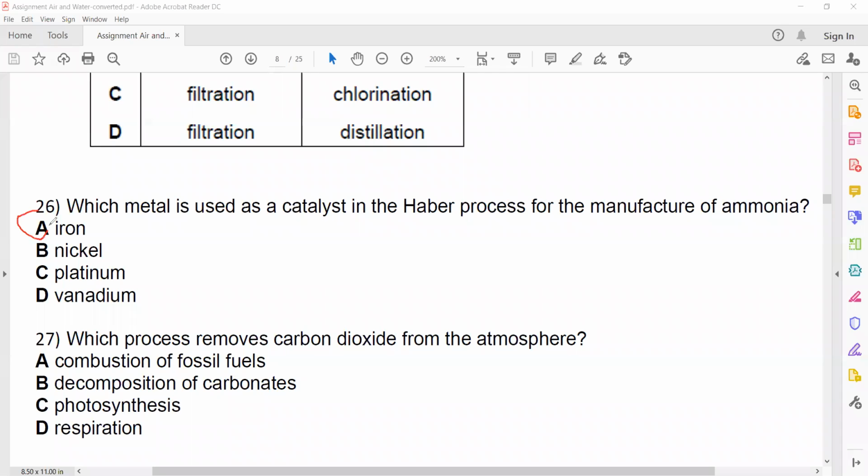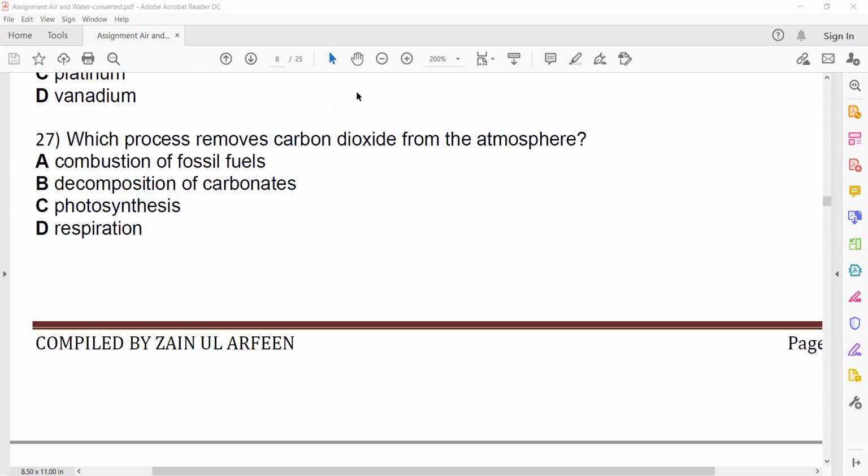So iron is used as a catalyst. Nickel is used as a catalyst for hydrogenation of alkenes. Platinum was used before, and vanadium pentoxide is used for manufacture of sulfuric acid by the contact process.